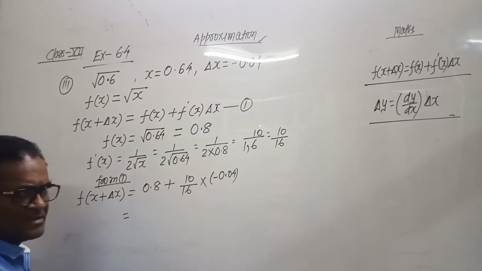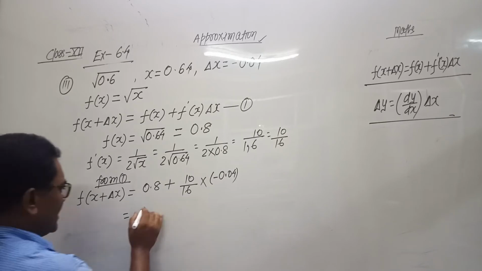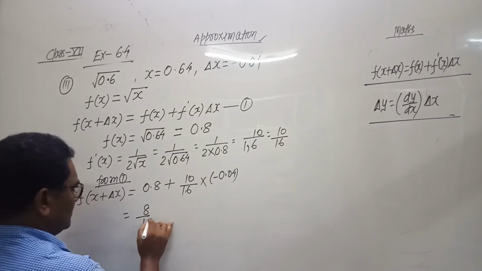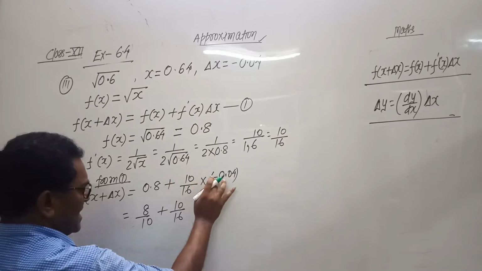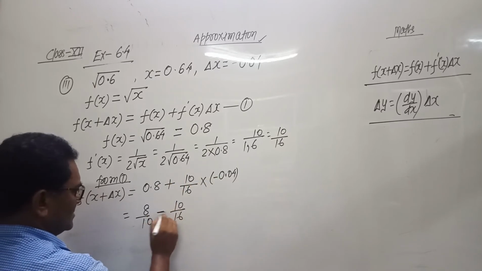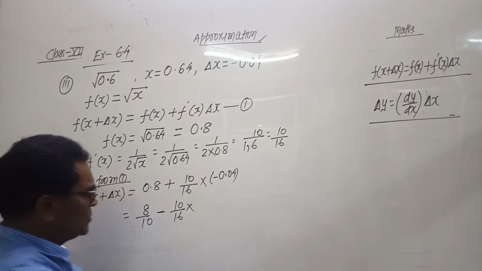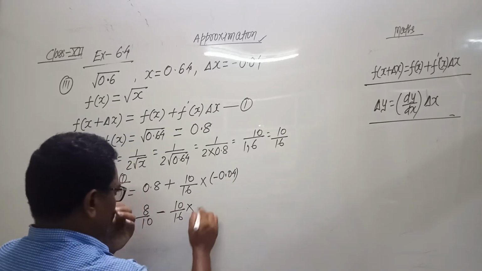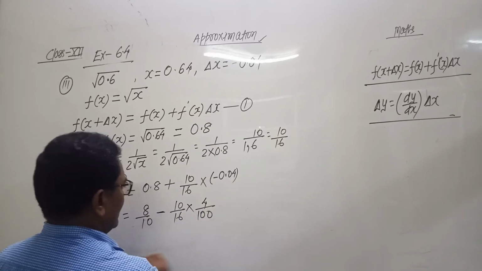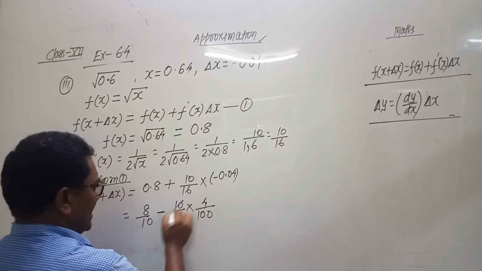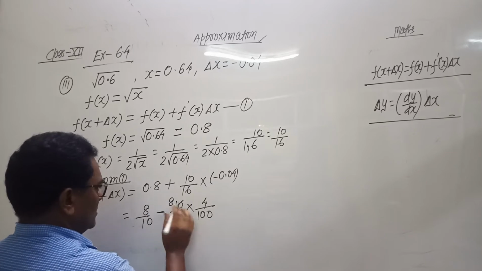So remove the decimal, we get 8 by 10 plus 10 by 16, and plus into minus becomes minus 10 by 16 into 0.04. So remove the decimal from here also, so it becomes 4 by 100.